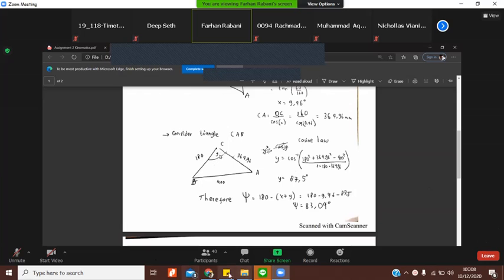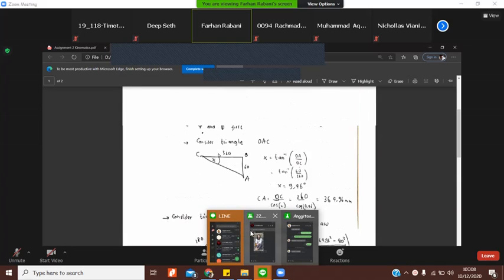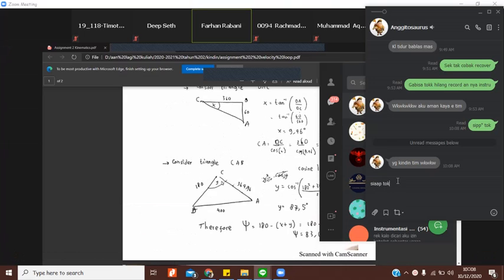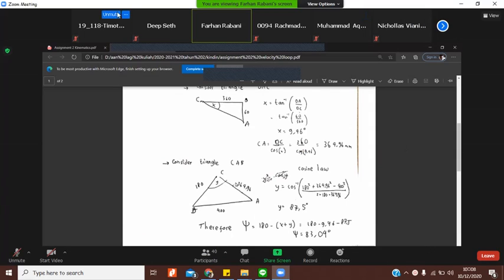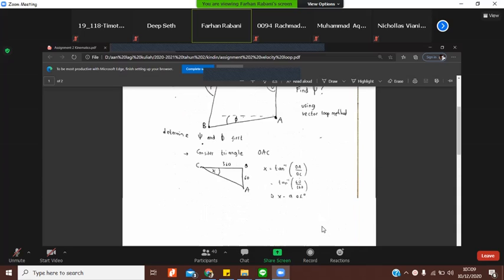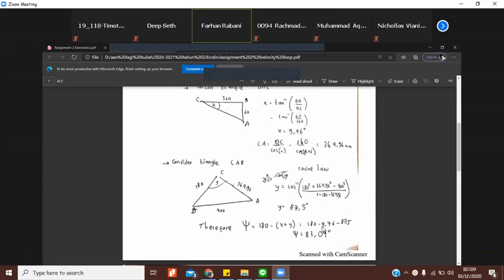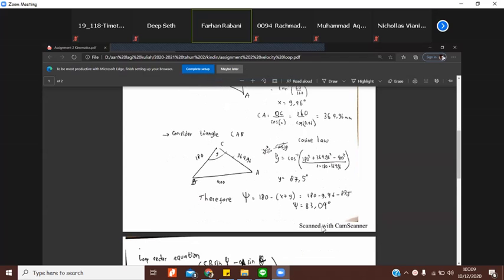The second angle we need to determine is the angle Y. Consider this triangle CBA. We get the angle Y by first getting the length of C to A, using this length, 364 millimeters, and using the cosine law, we get the angle Y is about 87.5 degrees.